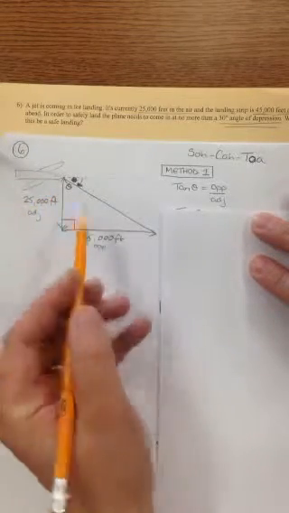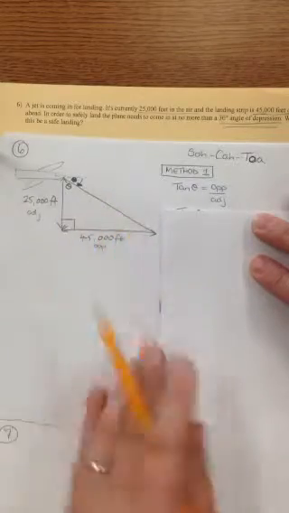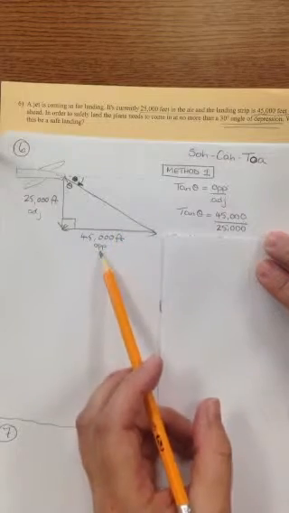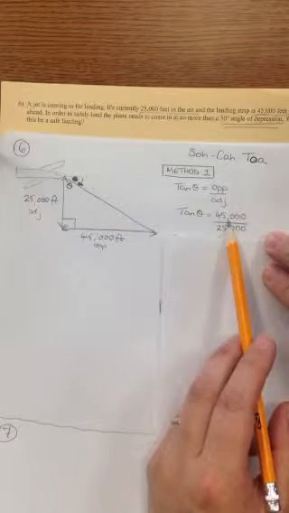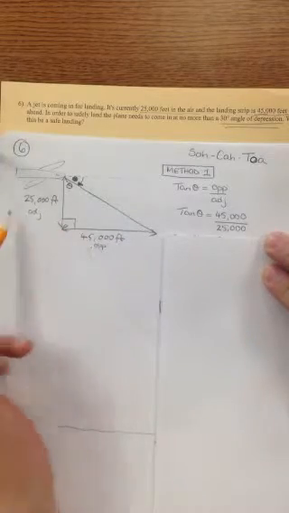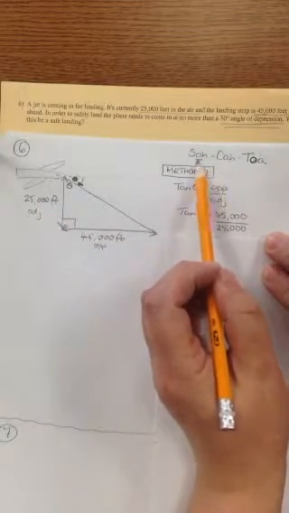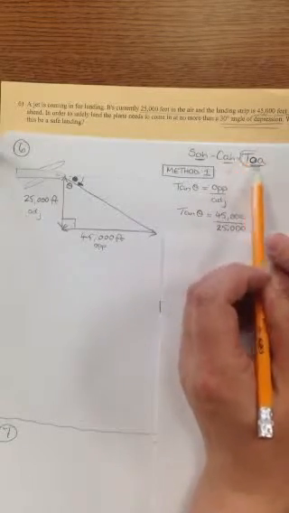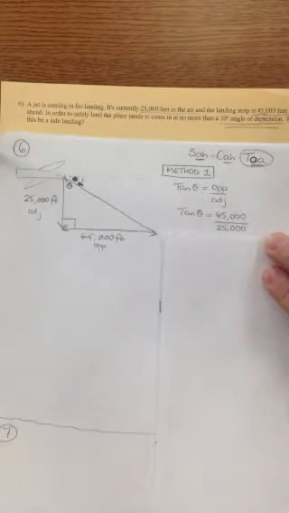Next to the angle is adjacent because this is clearly the hypotenuse. Okay? Replace the values. The opposite is 45,000 and the adjacent is 25,000.